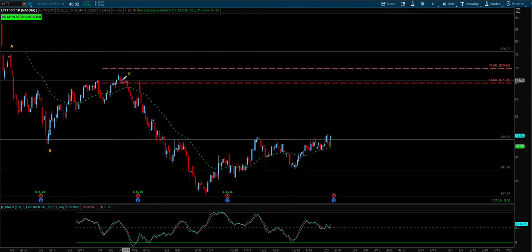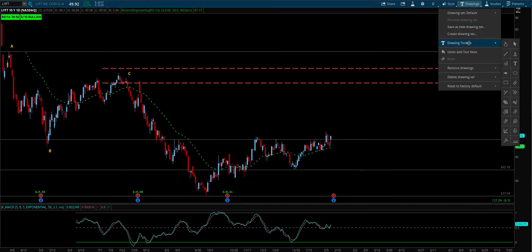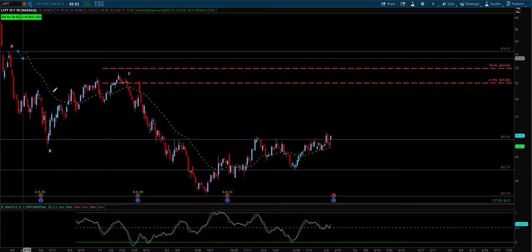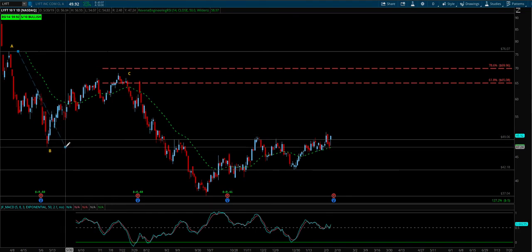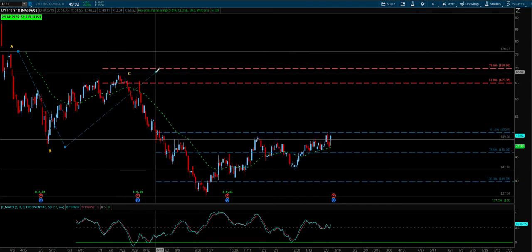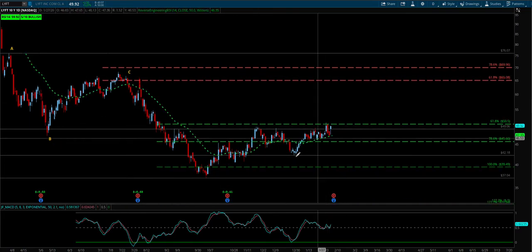Had you obviously gotten this before it dropped, you would have shorted here at C, and then you would see that had you had those calculations in place, here's A, here's B, and here's C at the top here, top of C. And there's your target, 100%.